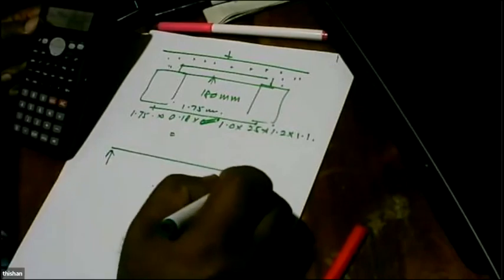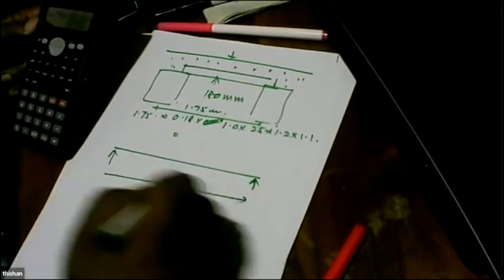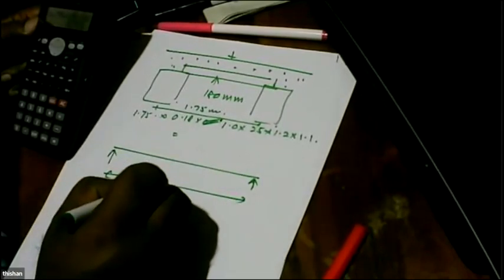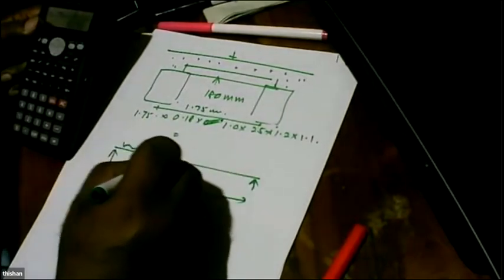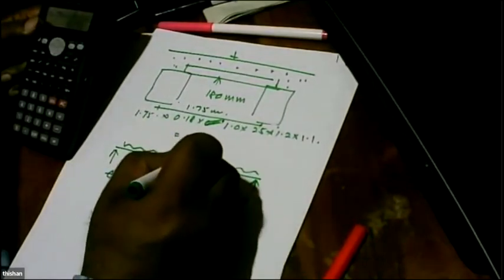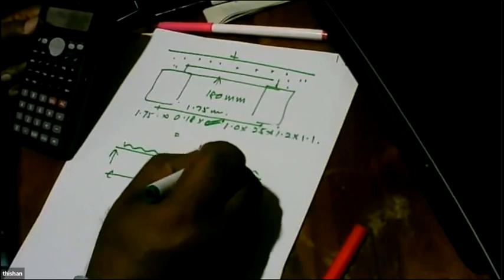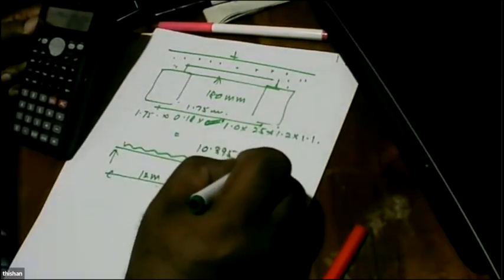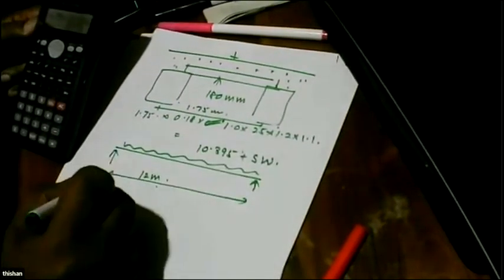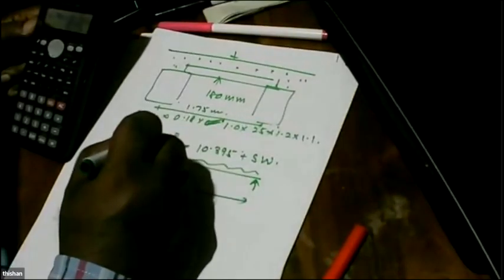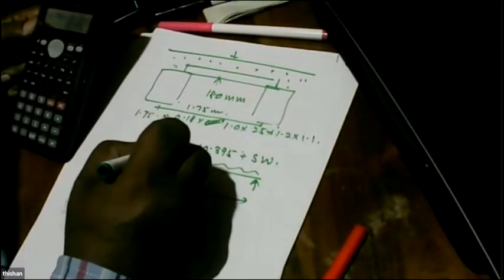So you have a beam simply supported at 12 meter span and carrying a load of 10.395 plus self weight. Let's assume that all that comes to 11 kilonewtons per meter.